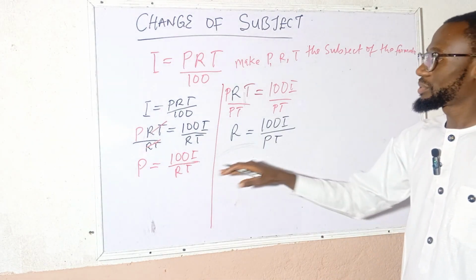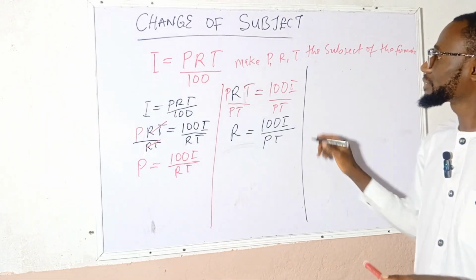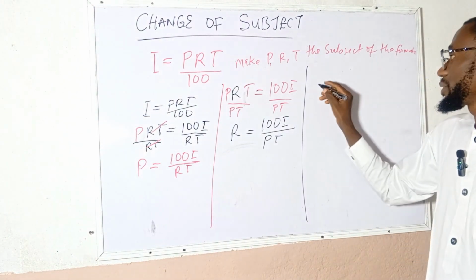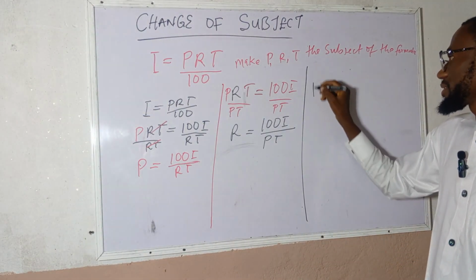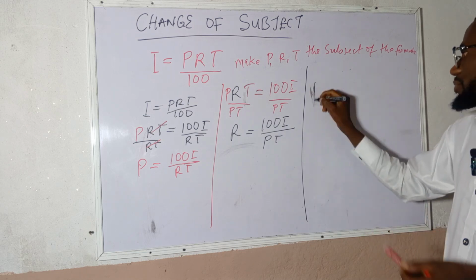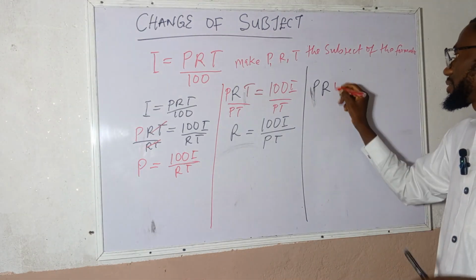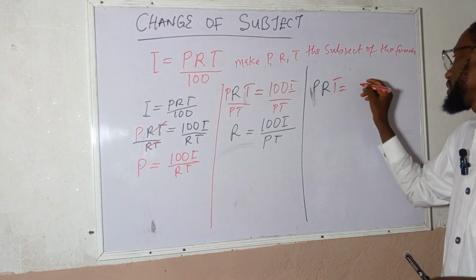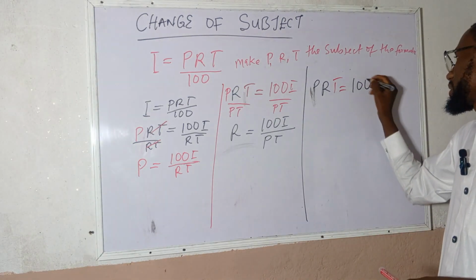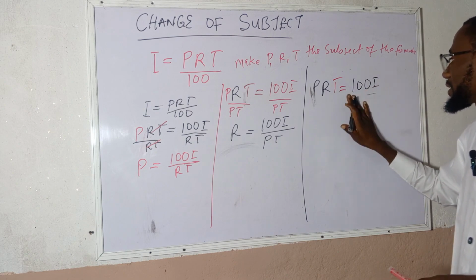Now we have made P and R the subject, remaining T. Then when making T the subject, you can just take this one step. You have T, you have P, R, you are looking for T. We have PRT equal to 100I.